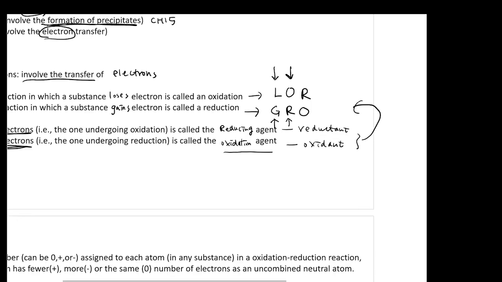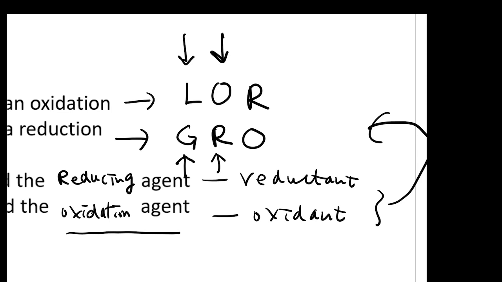I always use these abbreviations to help me memorize the relationship. So I would suggest you do the same. So LOR: lost electrons undergo oxidation reaction. It can serve as a reductant. After a couple slides, you will see another letter pop up. If you go to the electrochemical cells, this oxidation reaction will always happen at the anode. So in the end, you are going to use LORA.